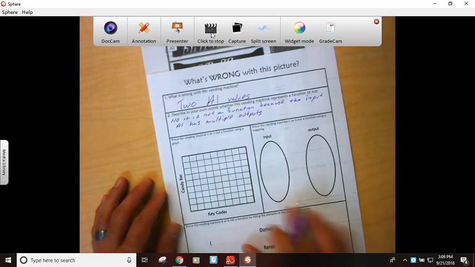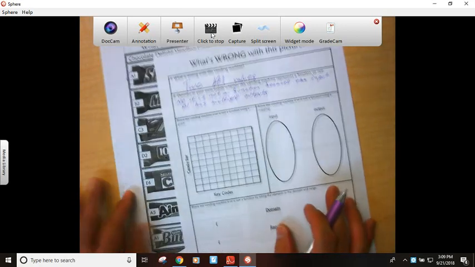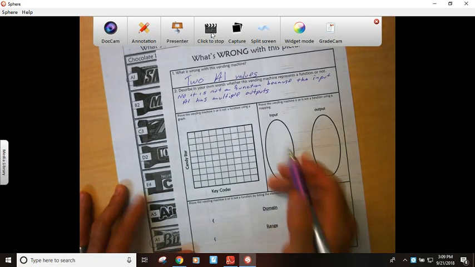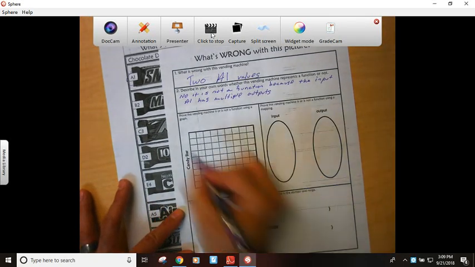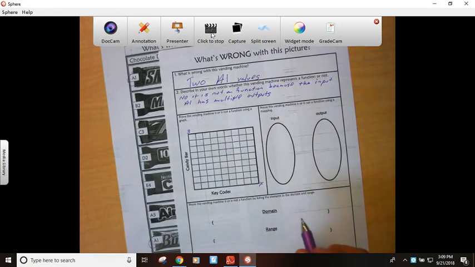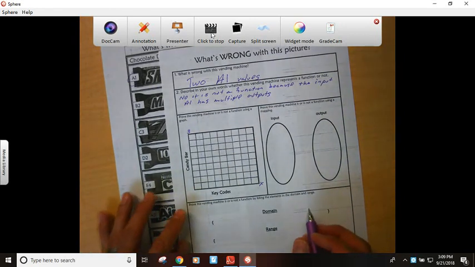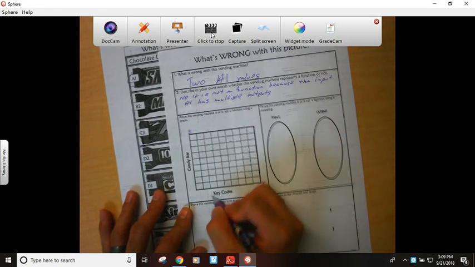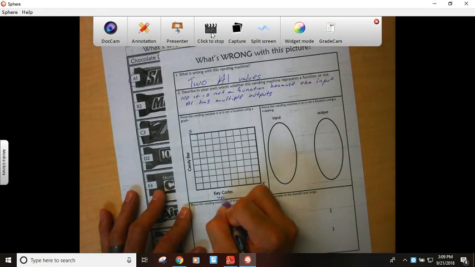Now we're going to put it on a graph. Again, this is your X and this would be your Y, but we're going to go ahead and label our vocabulary also so we can build our vocabulary. This is inputs.